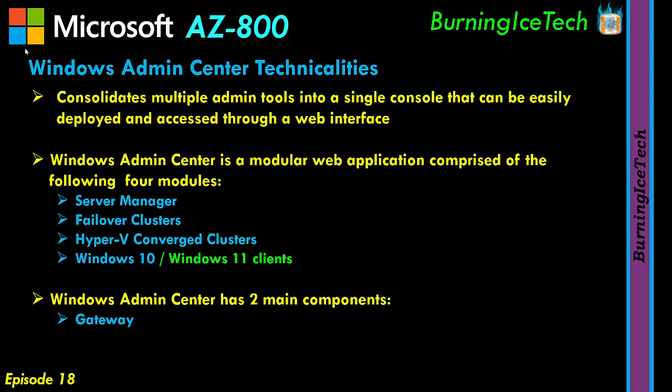You do it from the portal, not on the virtual machine itself. You should be aware, though, that it only works on Windows Server 2019 and onwards. So if you intend on installing an operating system on your virtual machine in the cloud, make sure it's Server 2019 or newer. Anything older, not going to work.